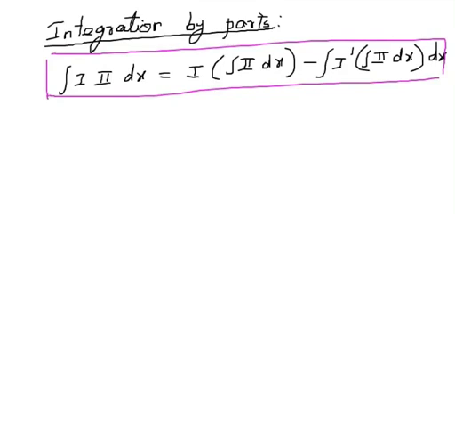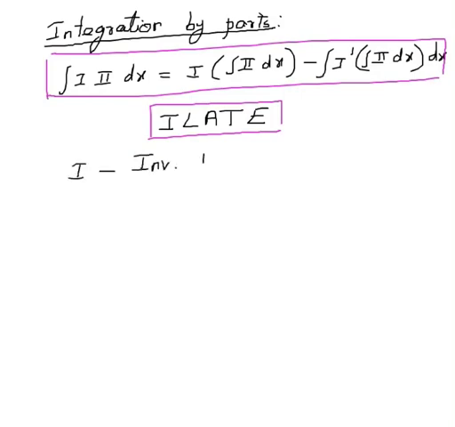And then let us see how to decide which one has to be taken as first function and which one has to be taken as the second function. We follow this ILATE rule. Here I stands for inverse trigonometric function.